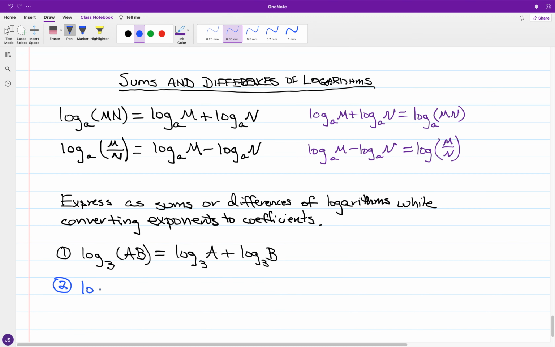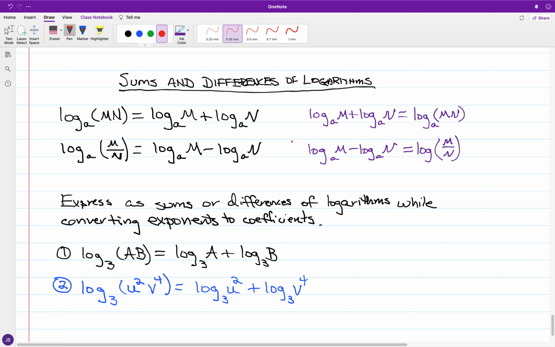Now let's say I have the base 3 logarithm of u to the second times v to the fourth. If I split up, I have the base 3 logarithm of u to the second plus the base 3 logarithm of v to the fourth.